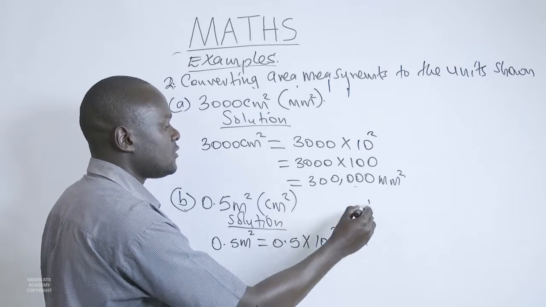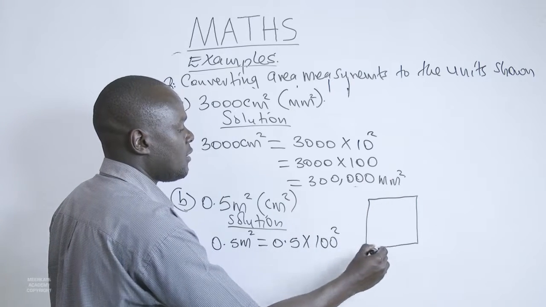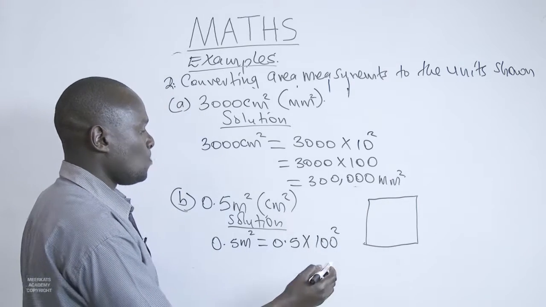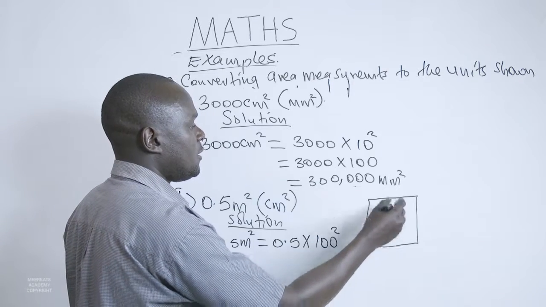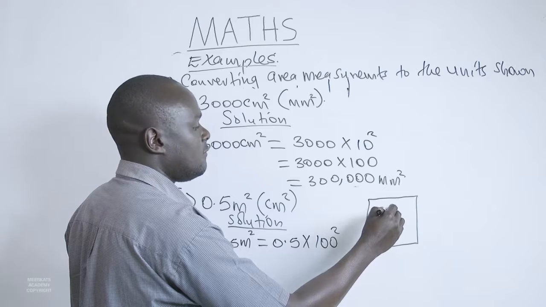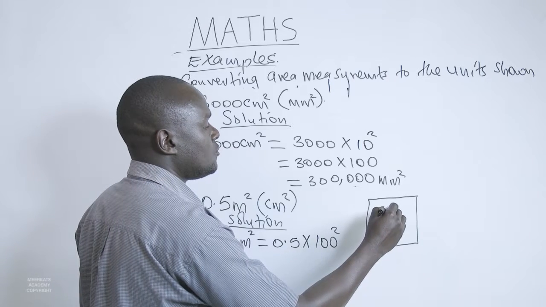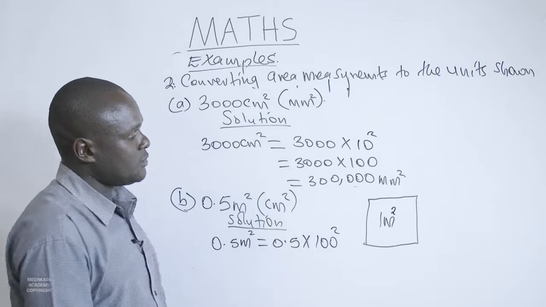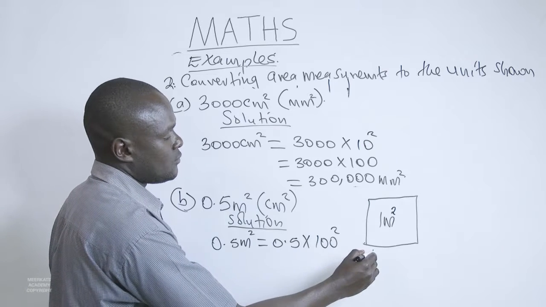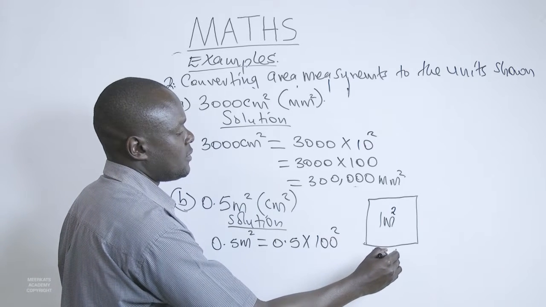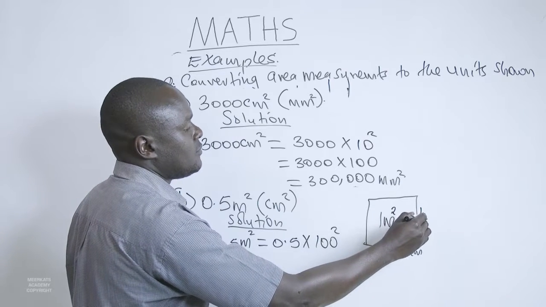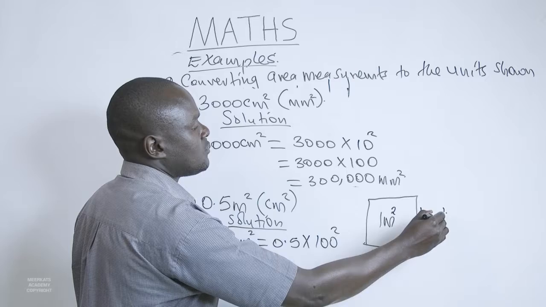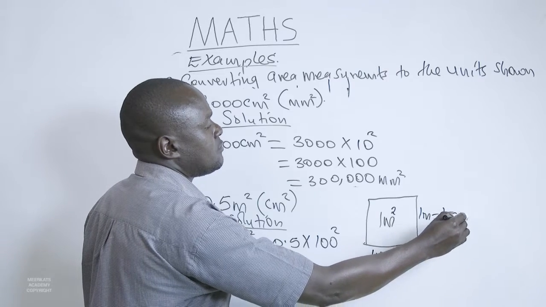And still, for us to understand this concept, we can have this diagram here, where we have this square having an area of 1 square meter. That means the length is 1 meter, which is the same as 100 centimeters, and the width is also 1 meter, which is the same as 100 centimeters.